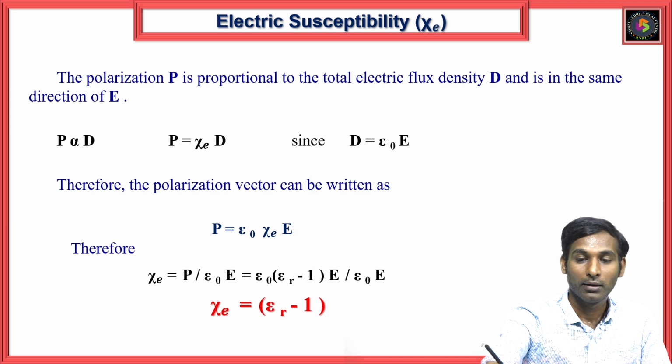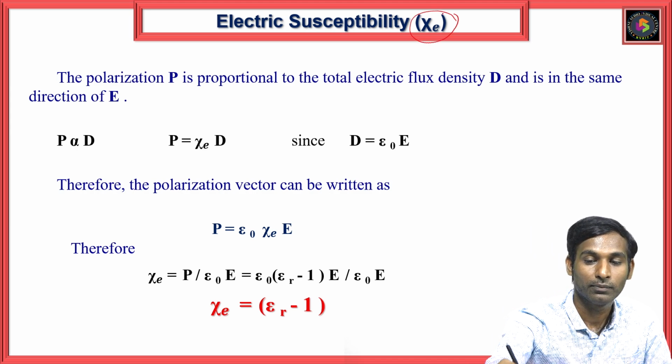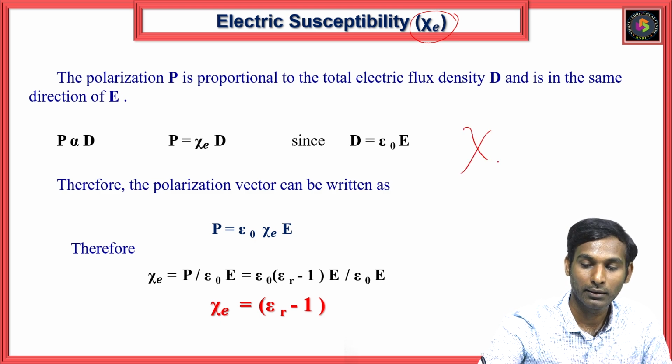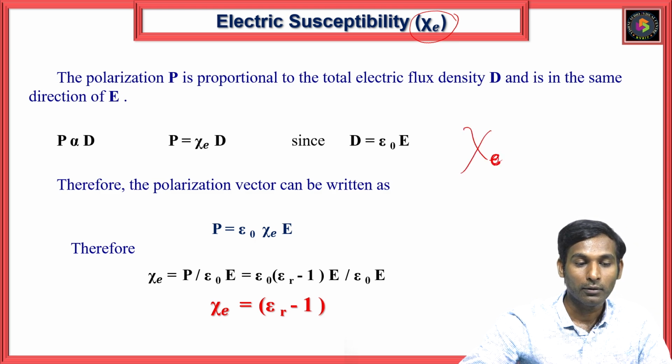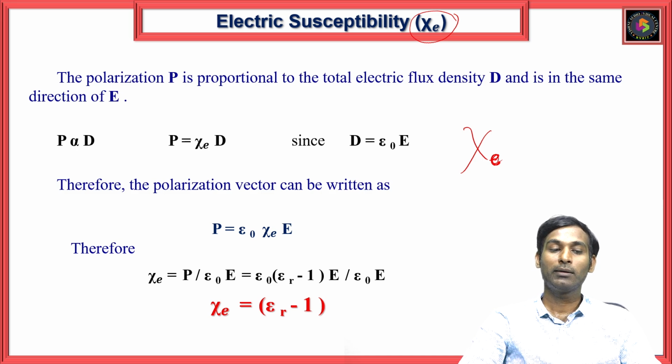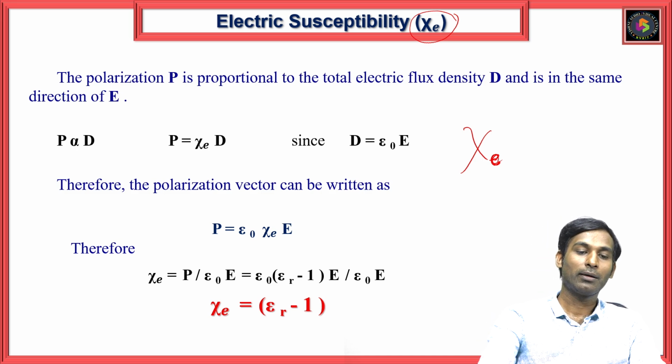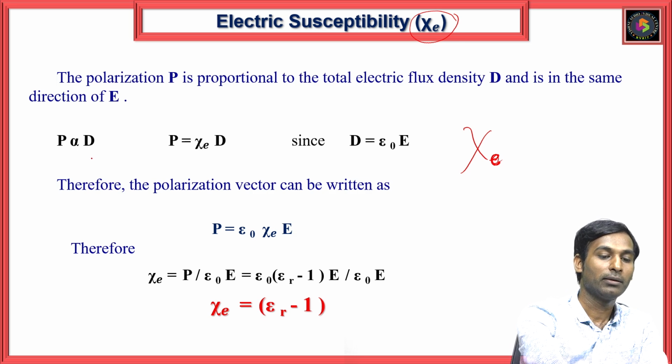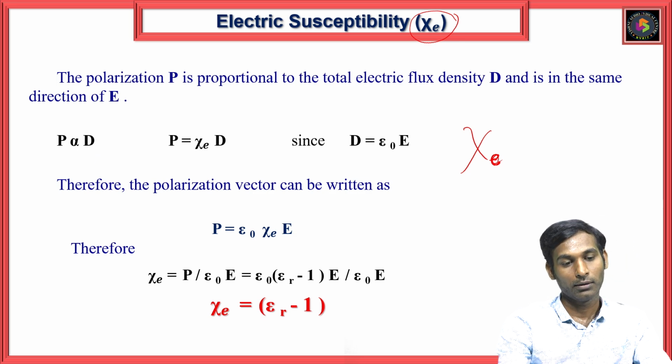Coming to the next slide, we can also find out about the electric susceptibility. This is the electric susceptibility symbol, we can write chi E in this way. So, the polarization P is proportional to the total electric flux density and is in the same direction as the field strength. So, we can write polarization P is directly proportional to electric flux density.